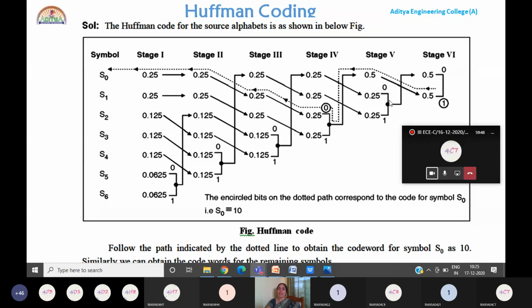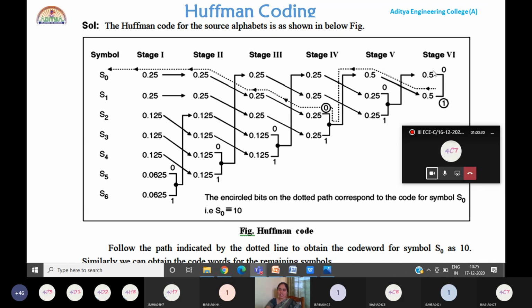If the newly added value is the same as some of the probabilities, the old probabilities will be kept down and the newly added one will be moved to the higher position. So 0.5 will go to the higher position and the old one will be below the new 0.5.